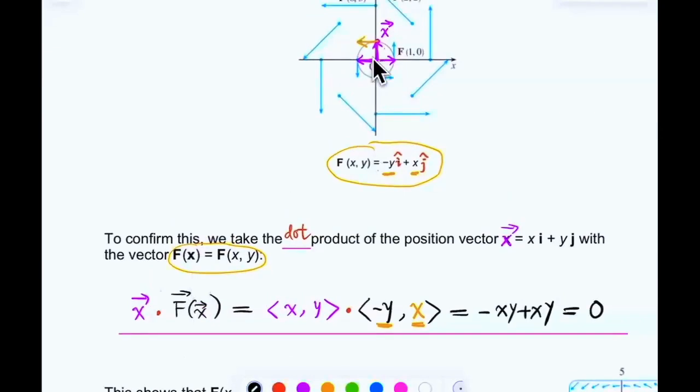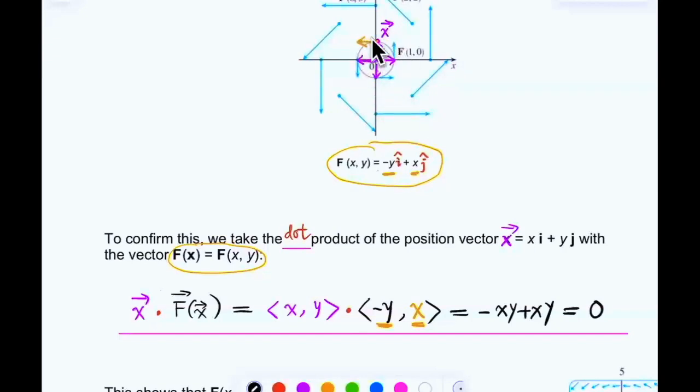So what does it mean? That means this position vector and this vector associated with it are orthogonal, right? When they're orthogonal, it's always orthogonal, so it's going to be tangent to this circle.